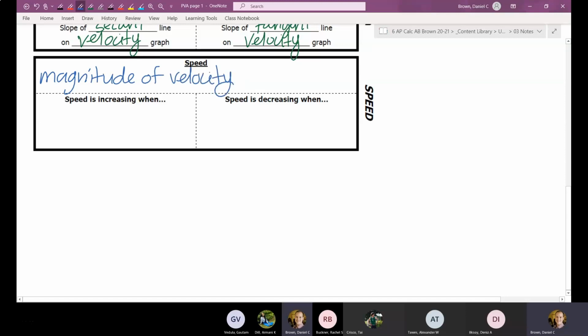Basically it's going to be the velocity, but you removed the direction component from it. So we can define speed as the absolute value of velocity. If I say my velocity is -8, the speed would just be +8. If I say my velocity is +8, the speed is still going to be +8.